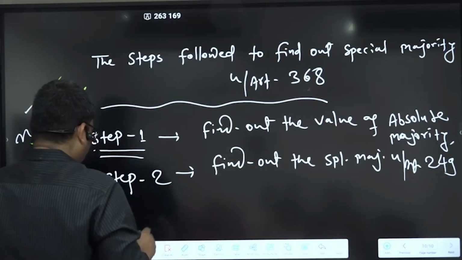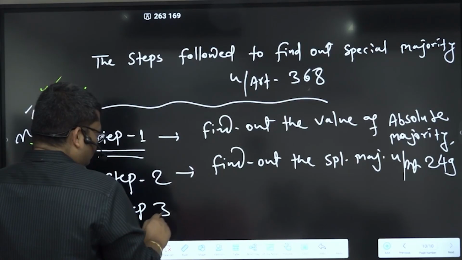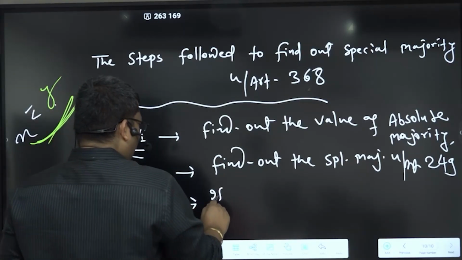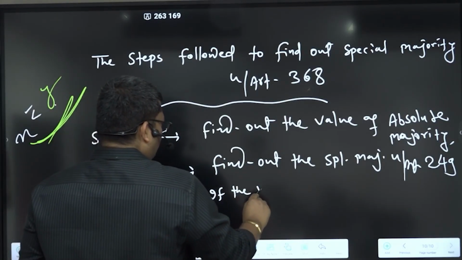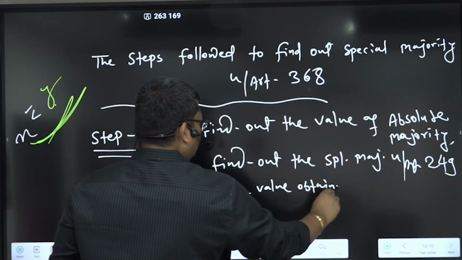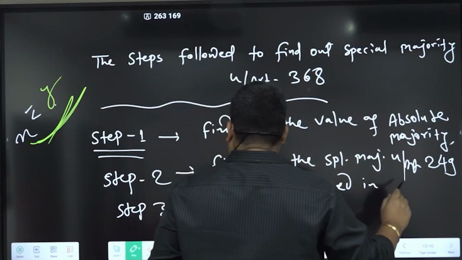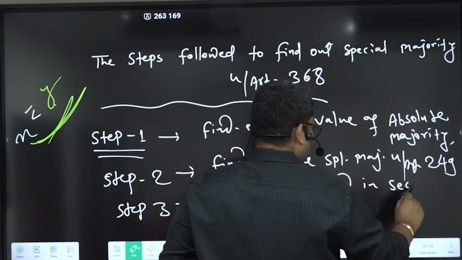So third step, if the value obtained in which step? Second step, right?